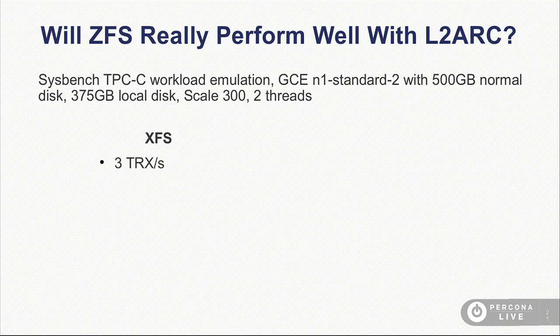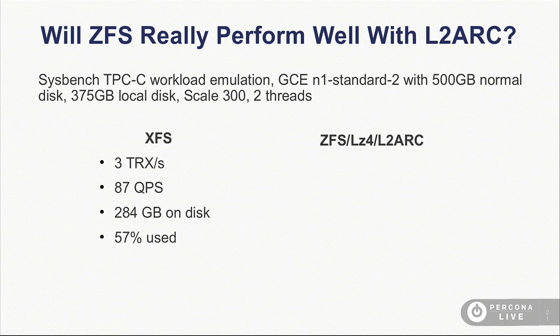I didn't use, with XFS, a solution to cache on the ephemeral drive. I could, I use Bcache or DM cache, but let's say straight, the latency is a killer. So we're down at 3 transactions per second, 87 queries per second, and 285, so more than half the size is used. Now with ZFS, LZ4, and an L2 arc, I'm at 29.